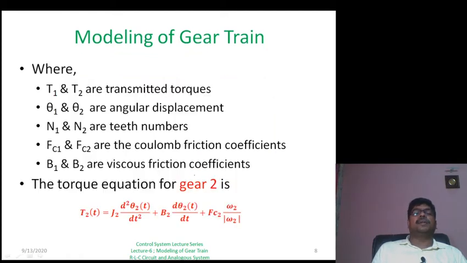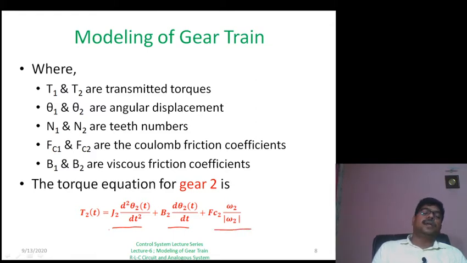That expression can be represented like this: the torque equation for gear 2, since torque T2 will have to face the inertia, viscous friction and Coulomb friction.